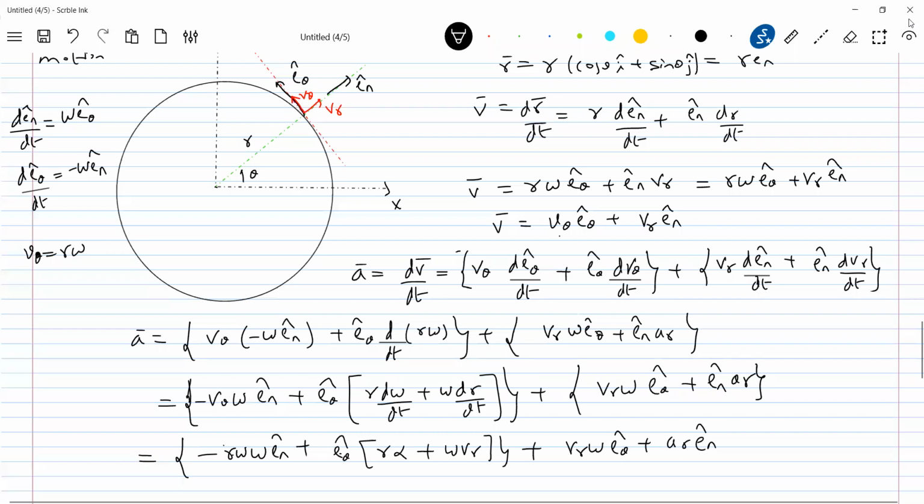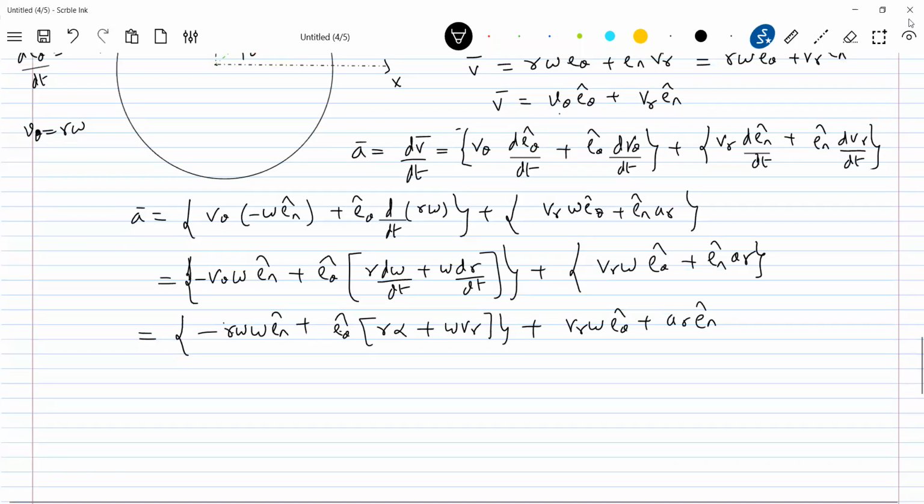Shall I scroll down? No, this part. This is another bracket, no? So this will be minus r omega square en cap, r alpha e theta cap.